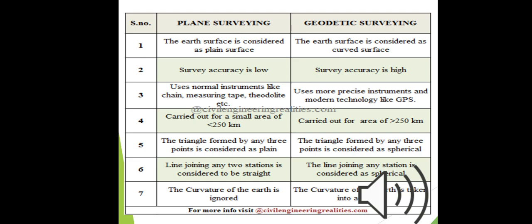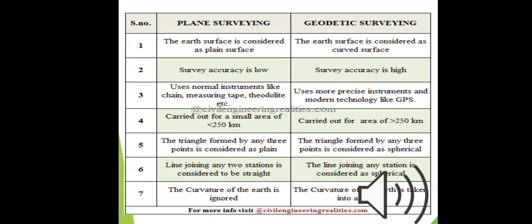The triangle formed by any 3 points is considered as plane in case of plain surveying, but in case of geodetic surveying, the triangle formed by any 3 points is considered as spherical.